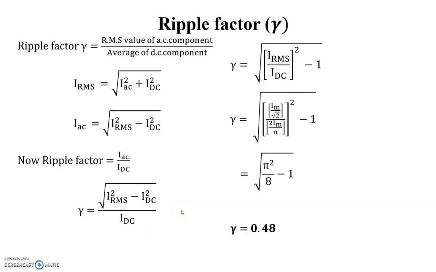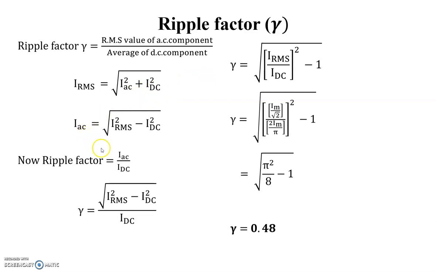Next we will move on to the ripple factor. So what is the ripple factor? Ripple factor is nothing but the ratio of the RMS value of the AC component to the average of the DC component. Whenever the AC component is 0, the ripple is also 0. So IRMS is equal to the root of IAC square plus IDC square.